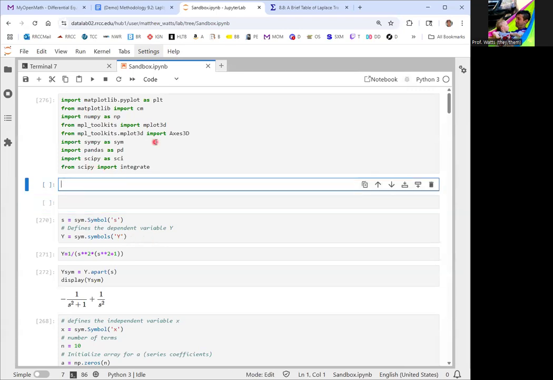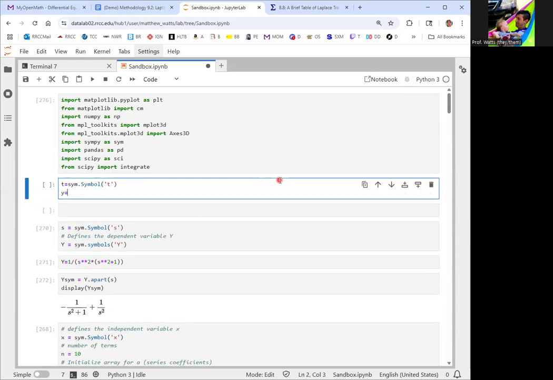So I'm using SymPy, and I'm going to go ahead and put in my independent variable is t. And then I'm going to say that y is the solution. And I'm just going to use that first piece, which was 3 minus 2 cosine t.